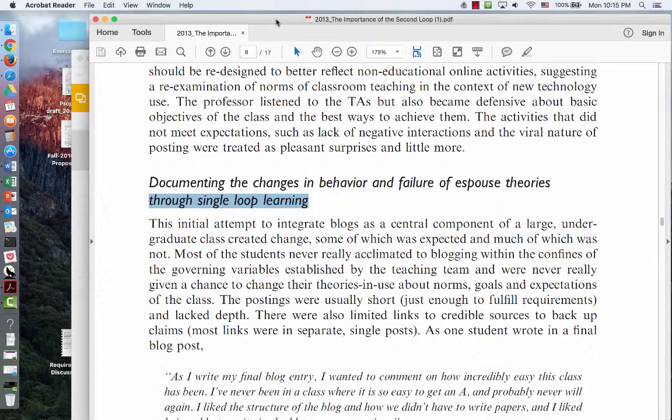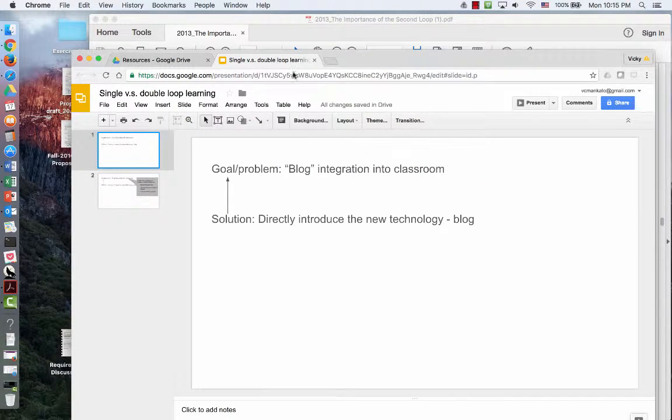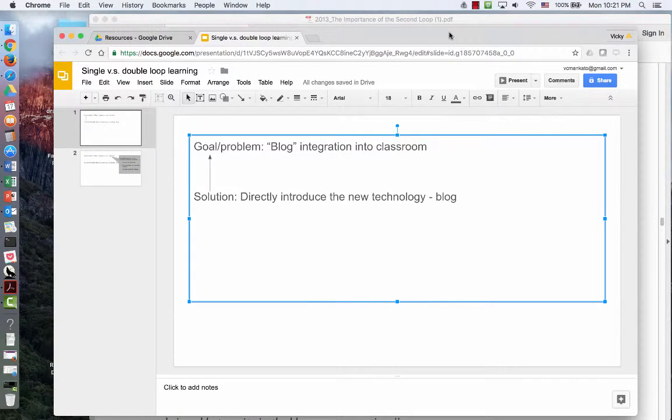Now I would like to pull up my PowerPoint slide to explain a little bit. This is the process of the single loop learning. You identify the goal or a problem, and then you come up with some solution that directly addresses that problem without fundamentally addressing the root causes of that problem.